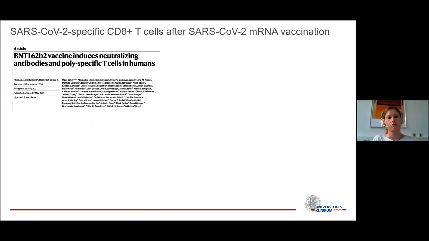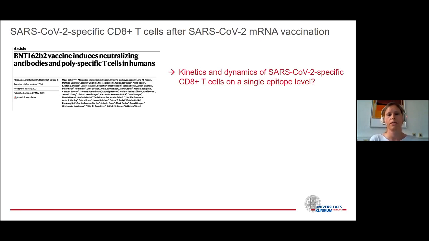And the first data that were published by the BioNTech people themselves show that the vaccine induces polyspecific T cells in humans. But again, we wondered about the kinetics and the dynamics of these CD8 T cells on a single epitope level.